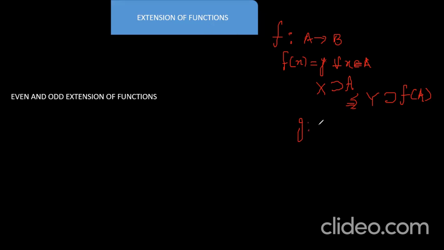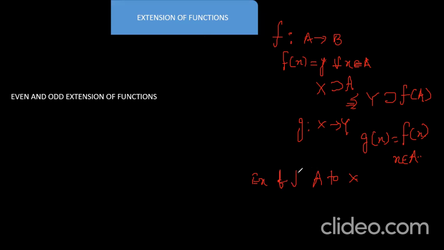Another function g maps X into Y, such that g of x is equal to f of x. Then f of x, x belongs to A, is called an extension of f from A to X.